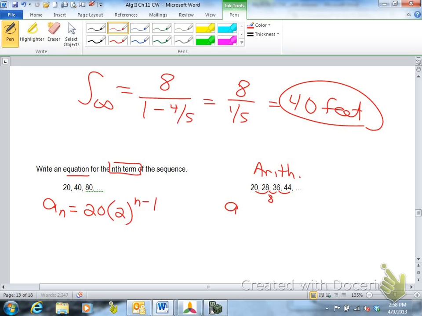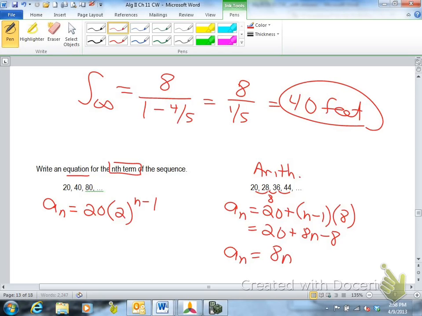So you would have a sub n is the first term plus n minus 1 times d, leave the n because it's an equation in terms of n, the nth term. And you should simplify this to be 20 plus 8n minus 8. So the formula for a sub n would be 8n plus 12. And I think that's sufficient.